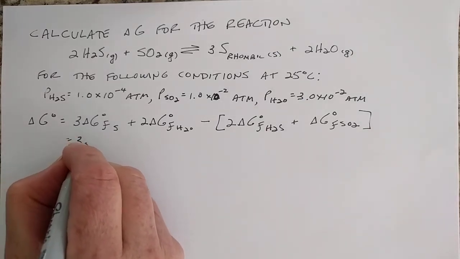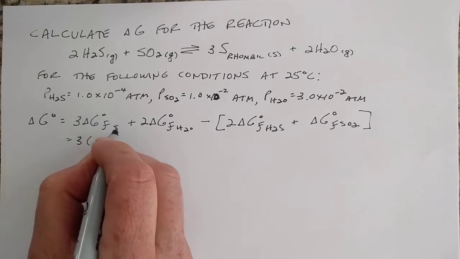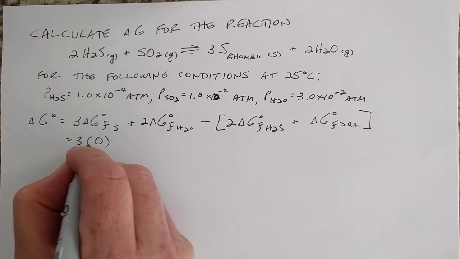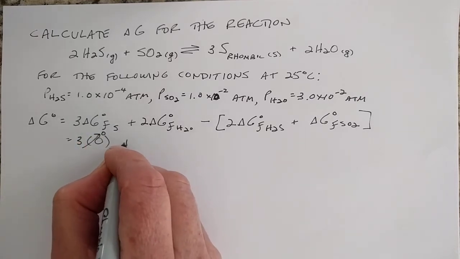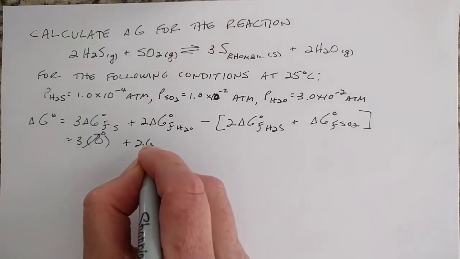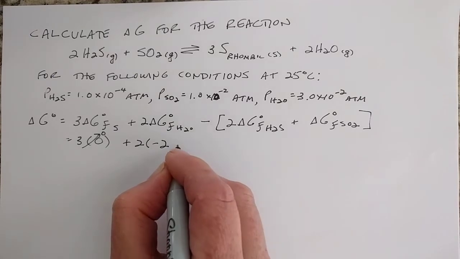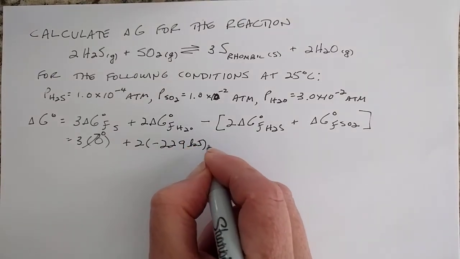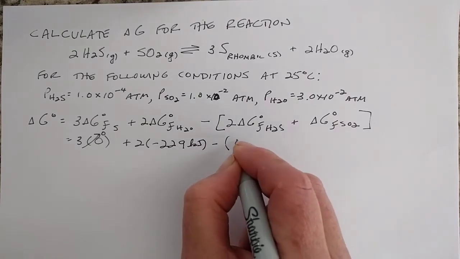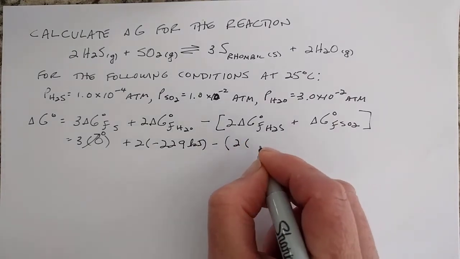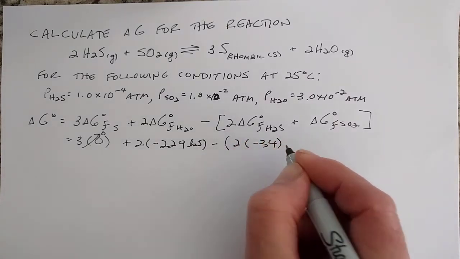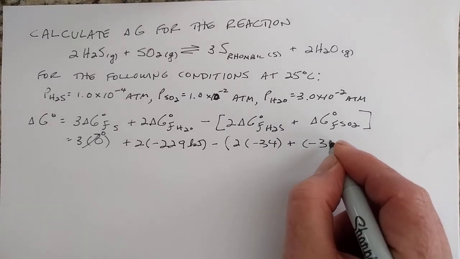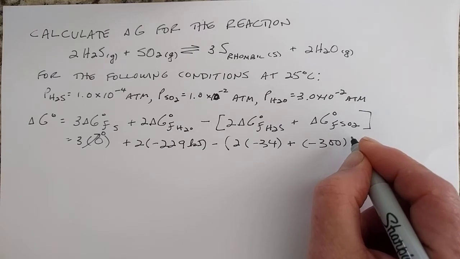So this is 3 times. The sulfur is the standard state, and so that is 0. So that just goes to 0. Plus 2 times, and this is a negative 229 kilojoules, minus 2 times negative 34 plus negative 300, and that's all in kilojoules.